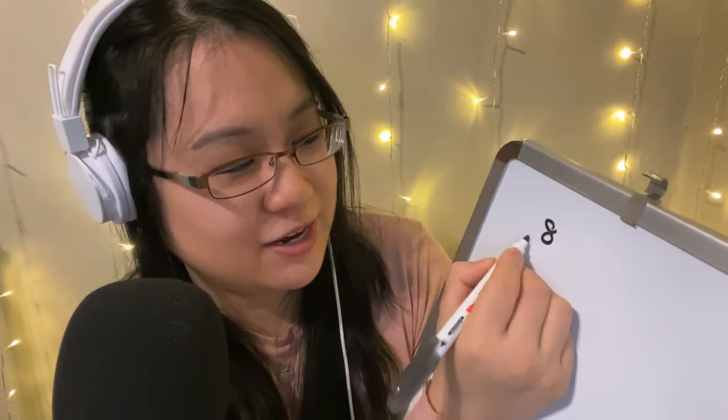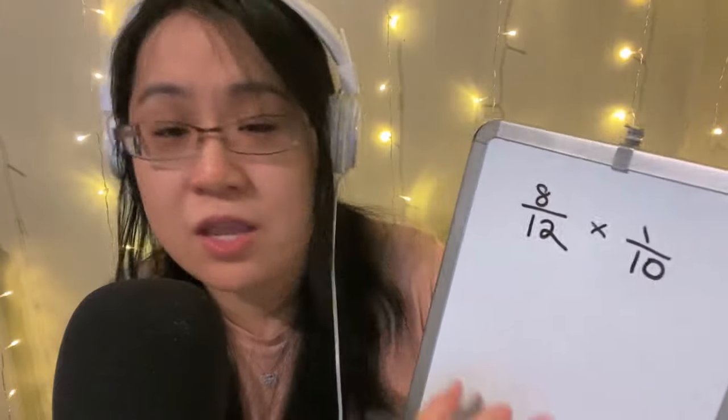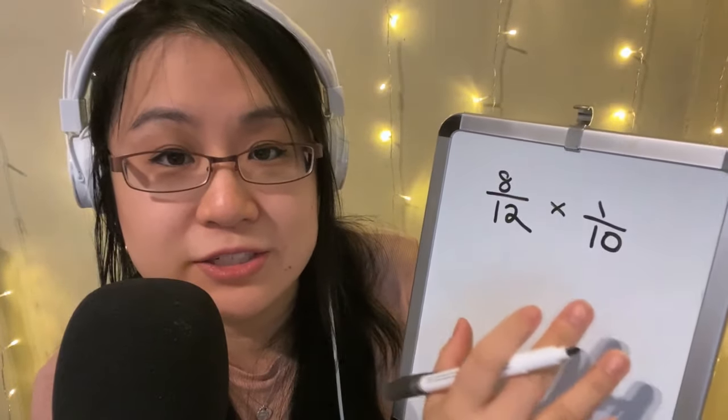Maybe we can do one more on the board together before we just pop it down and just work through a whole bunch. So let's say we have, I'm just grabbing one here, but we might end up doing it again. But let's say we have 8 over 12 times 1 over 10. So this is where it's just fun.